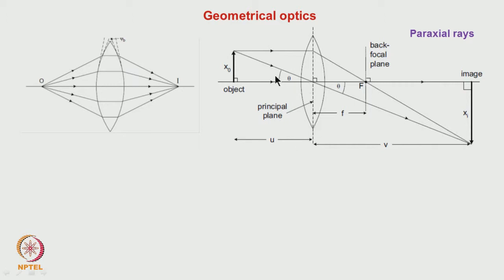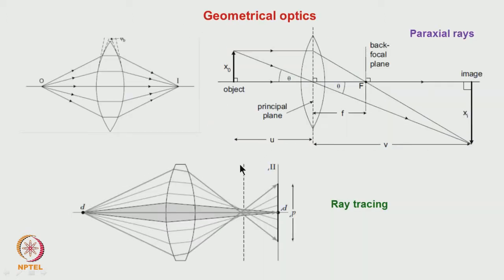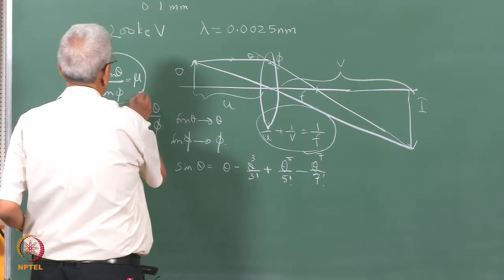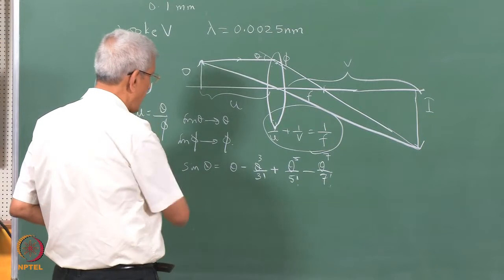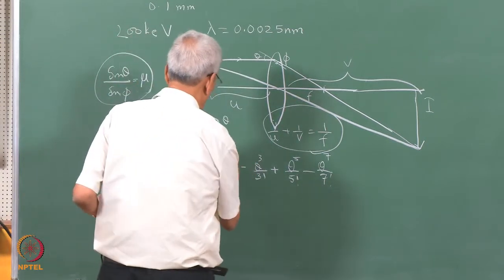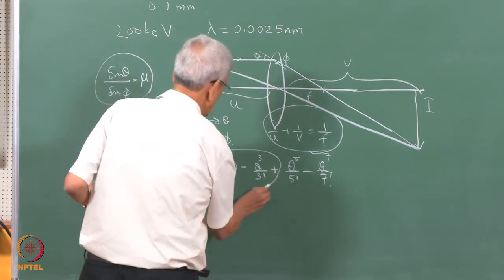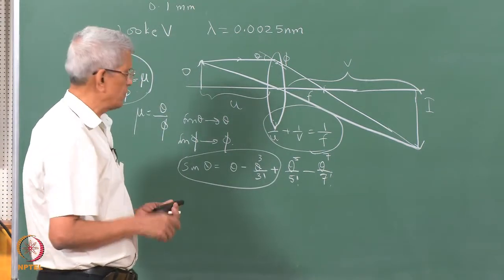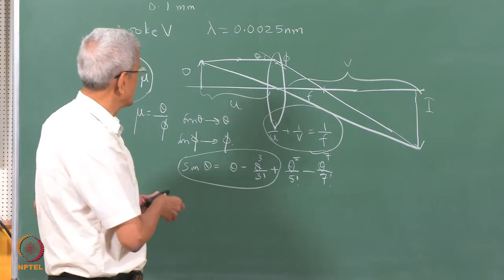But that is not the case when the rays are falling on the lens at all points. In such a case we have to use this formula, or the approximation which is closest to reality.